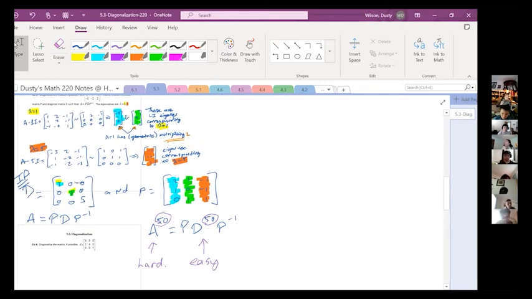Questions, comments? Can you go over the D? How did you get 1, 1 again? Yeah, good question. We didn't actually find our eigenvalues ourselves.